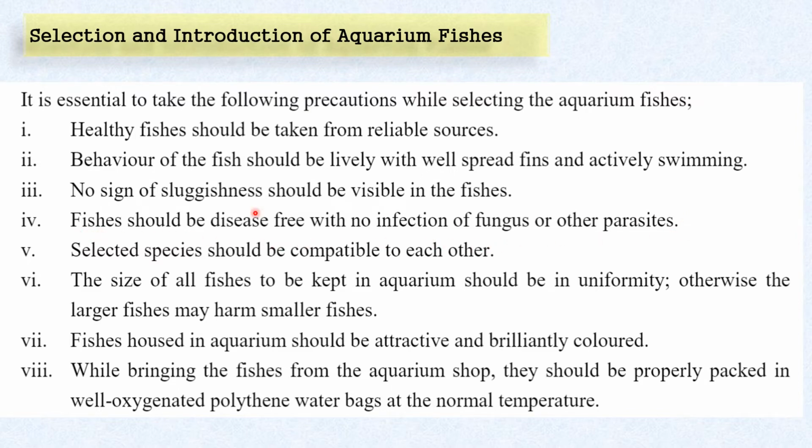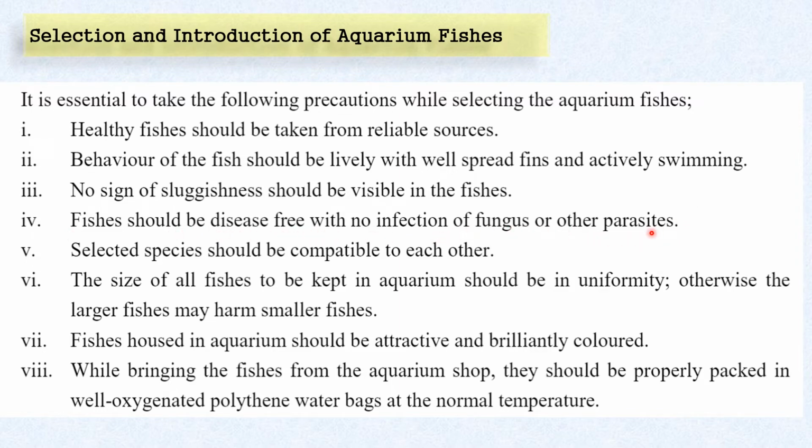But as I told you in the first point, you have to look for two things. One is you purchase the fishes from a reliable source who always sells good fishes. And the second thing is, before you buy a fish, you observe the behavior and activity of the fish. Then it will help. It will tell you about its condition.